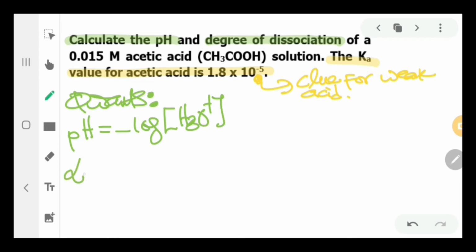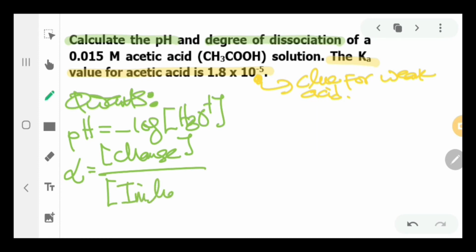So degree of dissociation is, remember, concentration of change over concentration of initial. So you have to remember this. This is what we have learned in chemical equilibrium. You can check out the video for degree of dissociation. It's going to be the same concept that we're going to use here. The only difference is that we're dealing with acids, that's all.